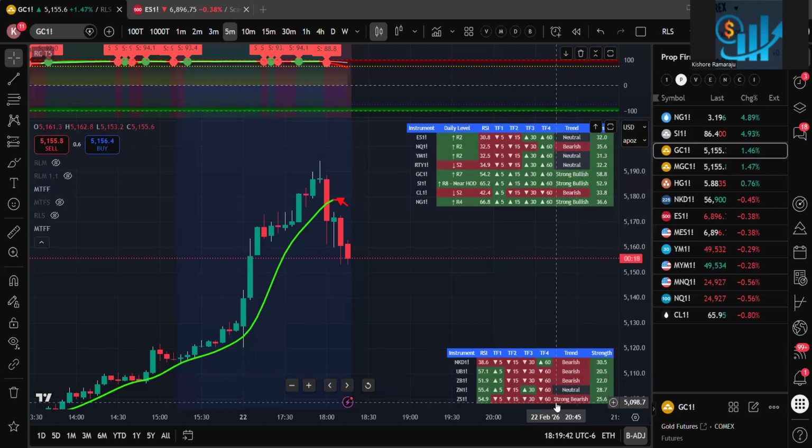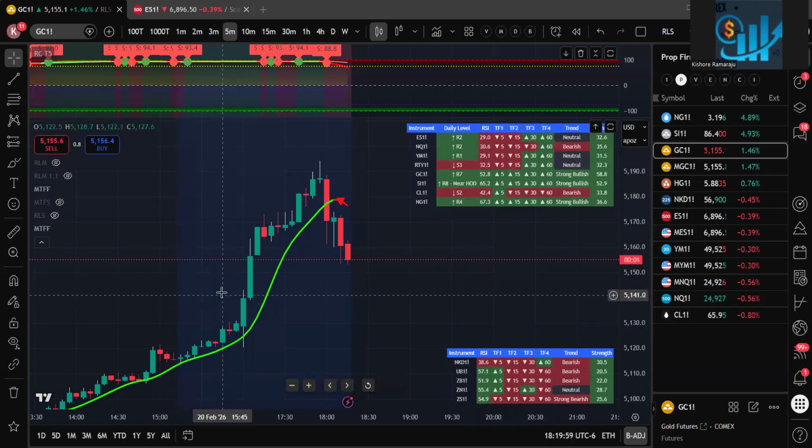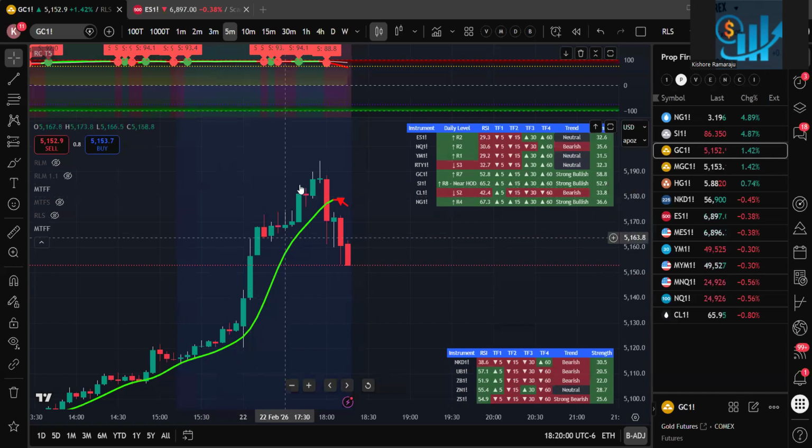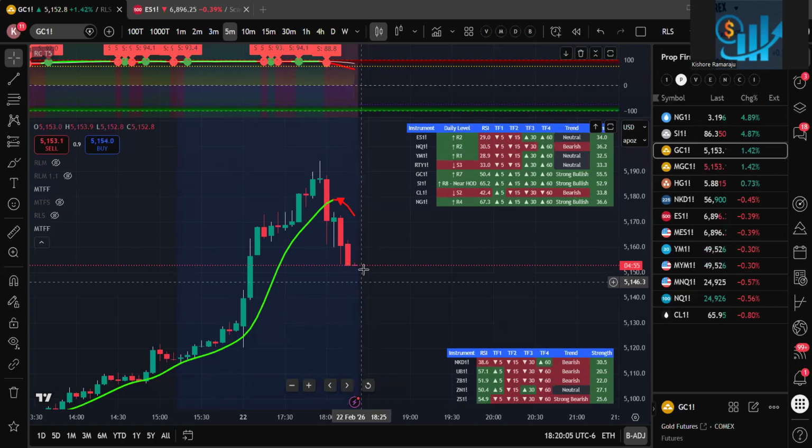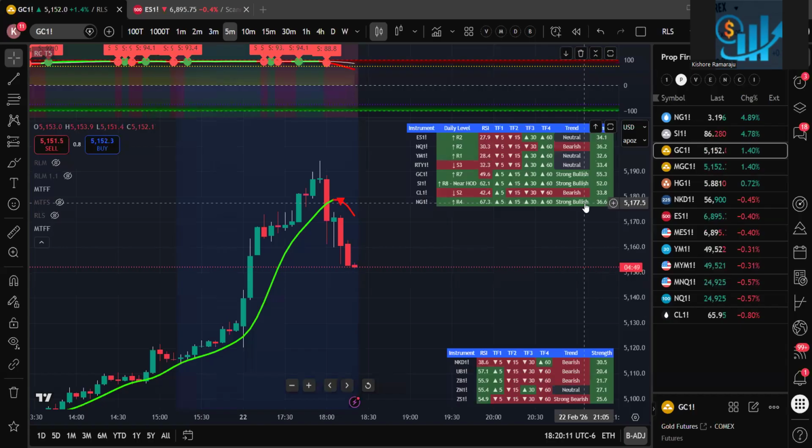But wherever it is strong, that means the direction is right. In all time frames, it is completely going down, or in all time frames, it is going up. But going up doesn't mean it just keeps going up. It will go up, do a small pullback, again go up, do a small pullback. So whenever you get a buy signal on GC or silver or natural gas, we want to do a buy.